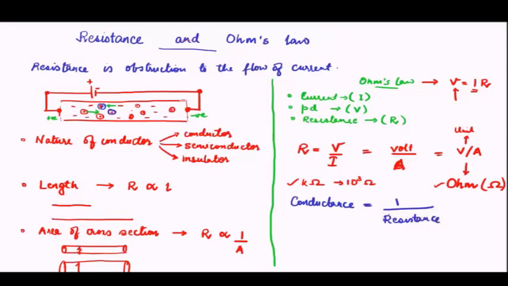Physically, what that would mean is that a material with high conductance offers less resistance for the electrons to flow, or in other words, a material with high conductance allows easy conductivity, thereby the name conductance. What will be the units?